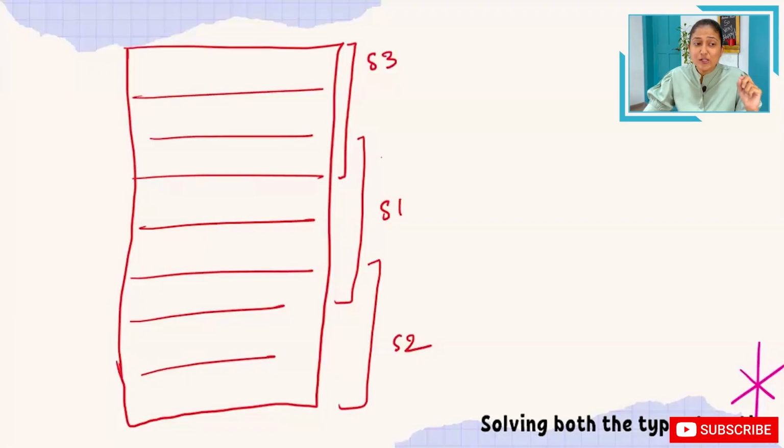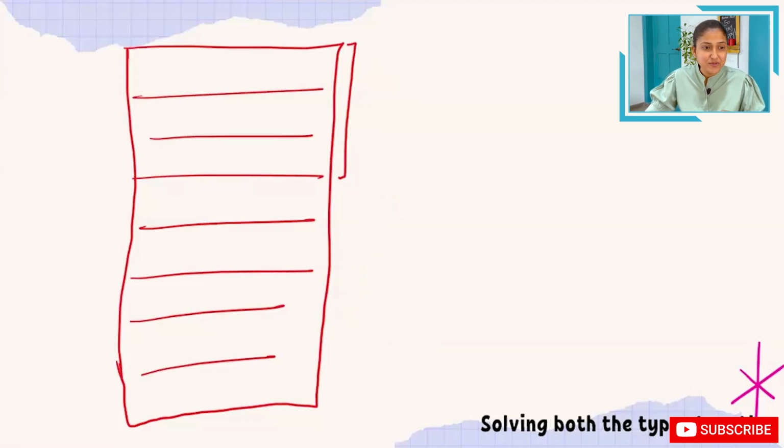Okay, also sometimes, rarely though, you will see that your set 1 will start, it will get over, then your set 2 starts, it gets over, and then your set 3 starts and then it gets over.